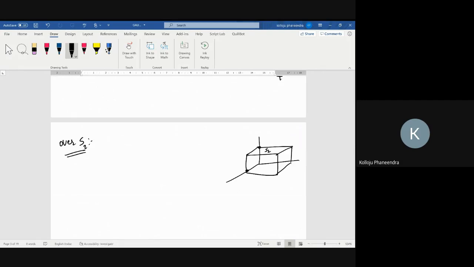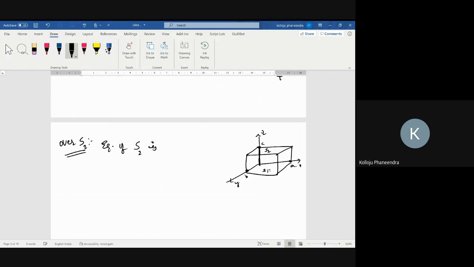This is the z-axis, this is the x-axis, this is the y-axis, this is A, and this is C. C means 0, 0, C. This is S1, and parallel to this, at C units distance is S2.